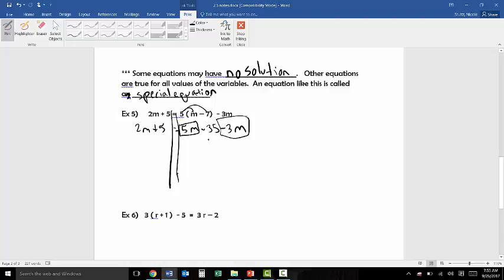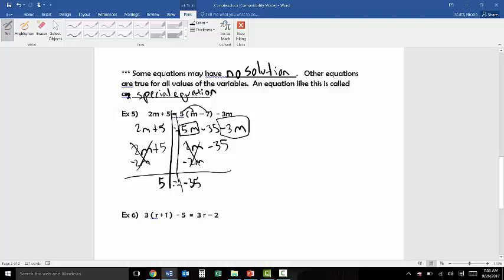So 5 minus 3 gives me 2m. And then I'm going to obviously subtract off my 2m from both sides. The problem is they both make 0, so don't write m, don't write 0m, they just go away because 0 is nothing. And you're left with 5 equals negative 35.